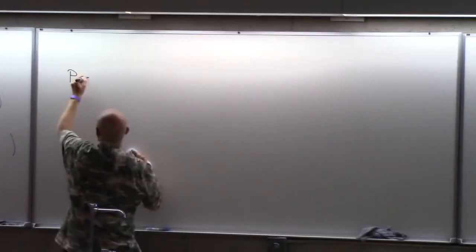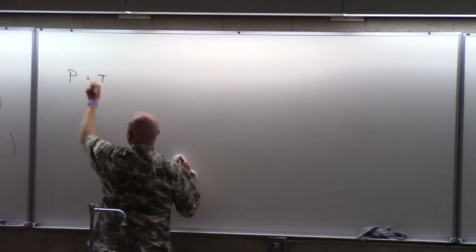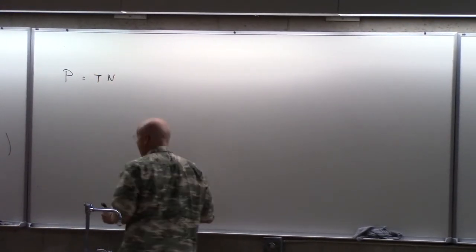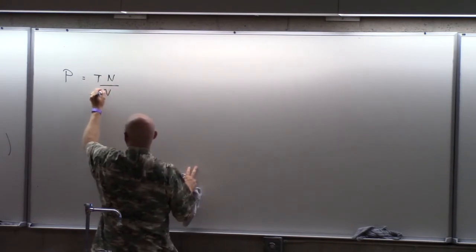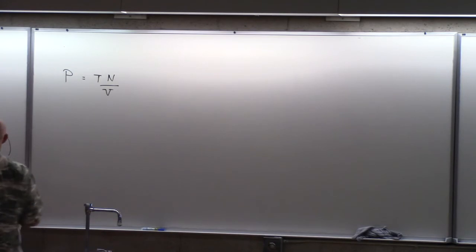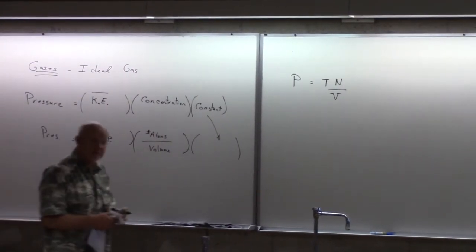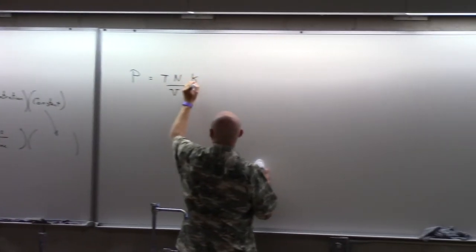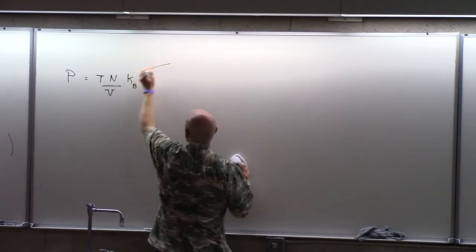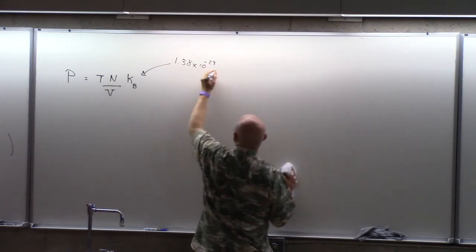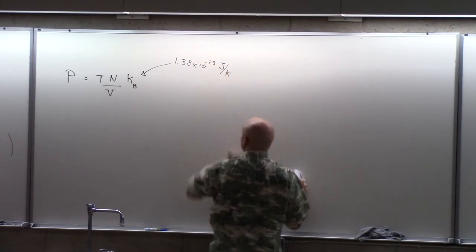You probably have done something like this where you put a P for pressure, a T for temperature, the number of atoms, we'll use a capital N, and the volume we'll do capital V. And the constant, well, the first one to do this was Boltzmann, so we like to call this Boltzmann's constant, K sub B. Why don't I just give that number to you: 1.38 times 10 to the negative 23 joule per Kelvin.